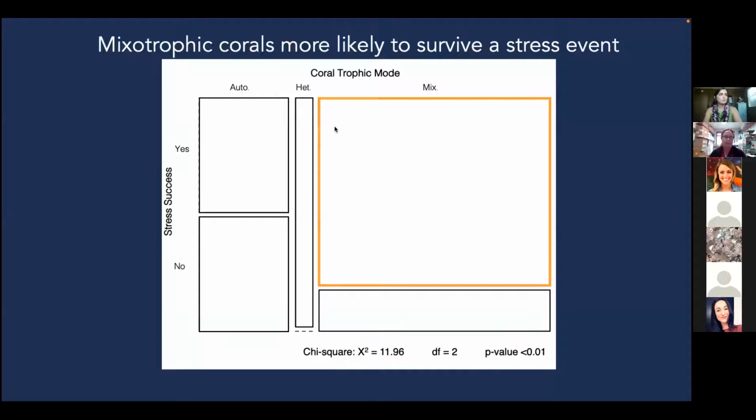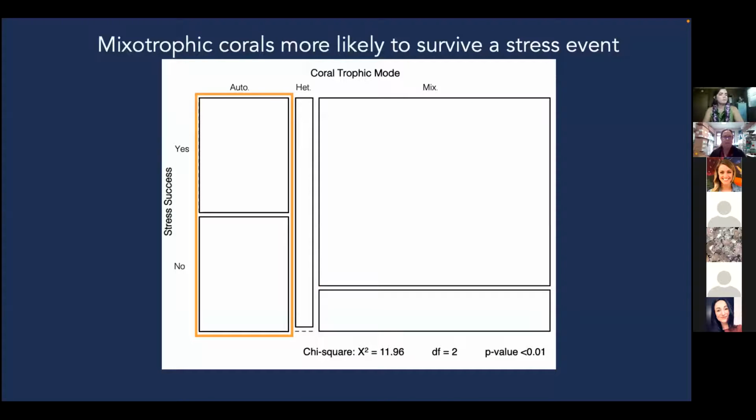So overall, I want to point out mixotrophic corals overwhelmingly were more likely to survive a stress event than the other two. However, I want to focus for a moment on the autotrophic corals.